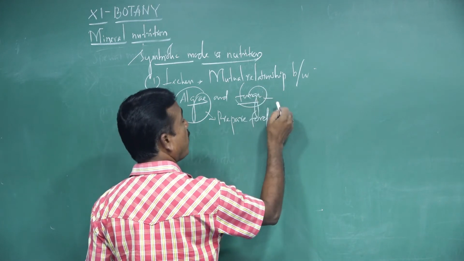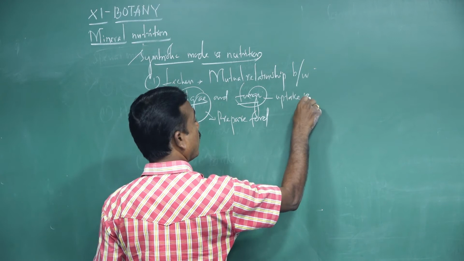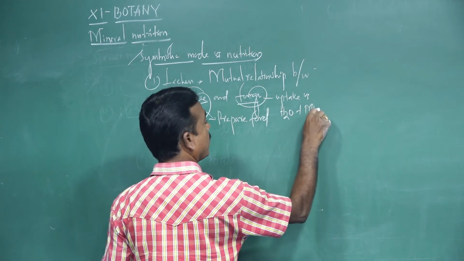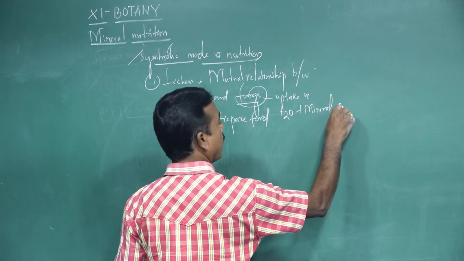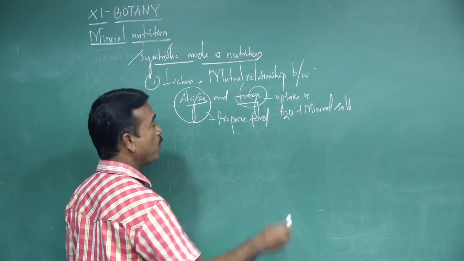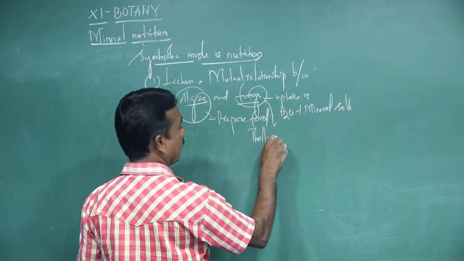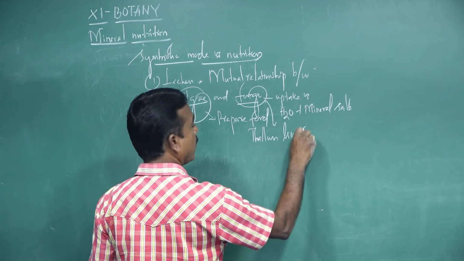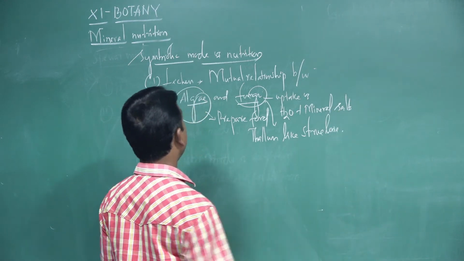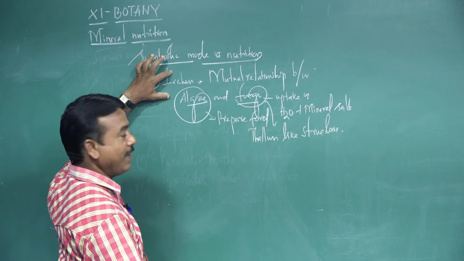Fungi are responsible for the uptake of water and mineral salts, as well as producing the thallus-like structure. That is the first symbiotic mode of nutrition, called lichens.